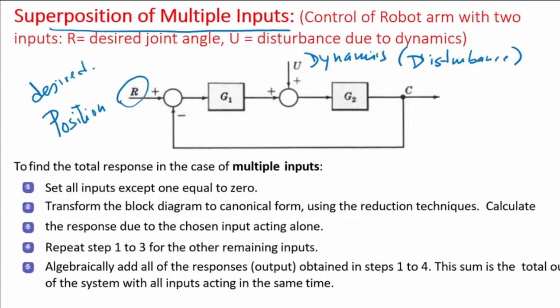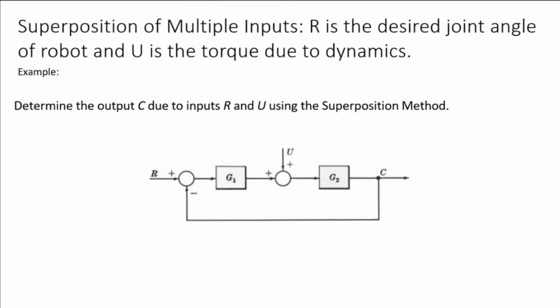In this particular case, first we will say that R is there and U is equal to 0, so we get one transfer function. Then we get another transfer function where we say U is there and R is equal to 0, and then we add the two. That is what we mean by superposition, and by doing that you can get the transfer function of this two input system also.